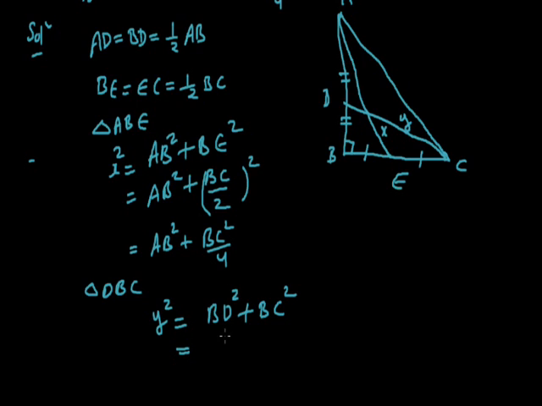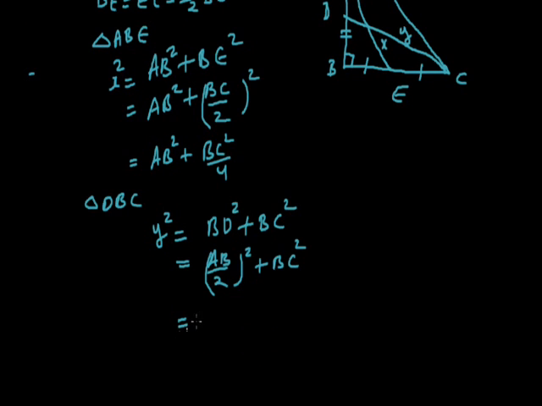Now in place of BD, we can write AB by 2 the whole square plus BC square, which means AB square upon 4 plus BC square. Now we have the values of X square and Y square. This is our equation number 1 and equation number 2.